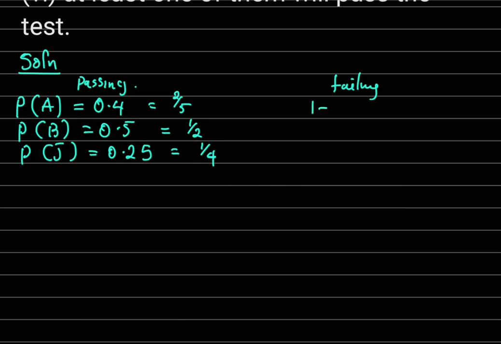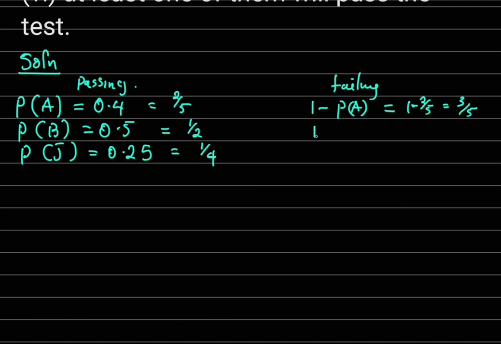Now, failing or not passing, which means the same thing, will be 1 minus the probability of passing. So for Aaron, 1 minus 2/5, and the answer is 3/5.